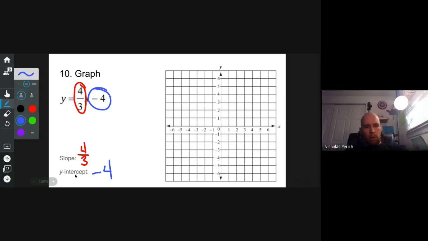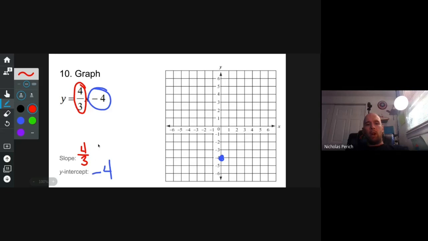Step 3, put a dot on the y-axis for your y-intercept. Here's my y-axis. My y-intercept is -4. Go down to -4 on your y-axis. Put a dot there. Step 4, use your slope to make more dots.